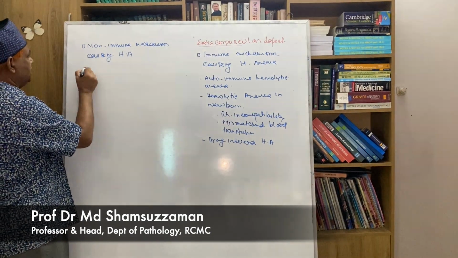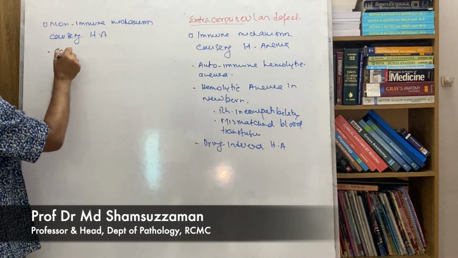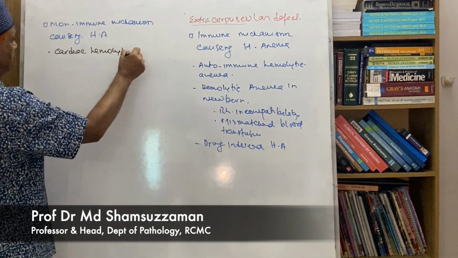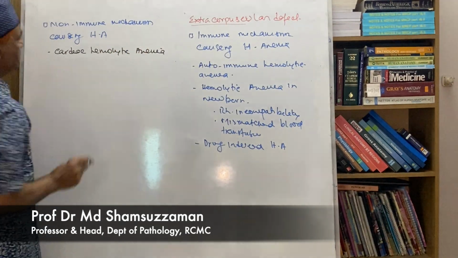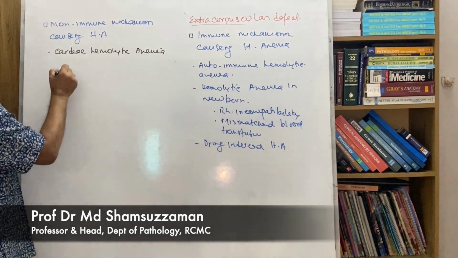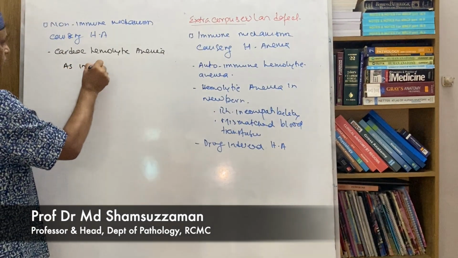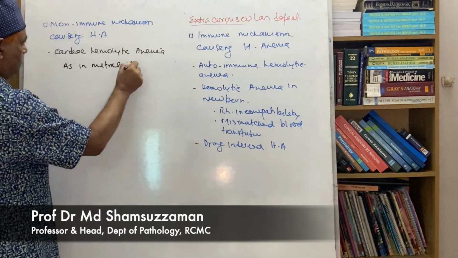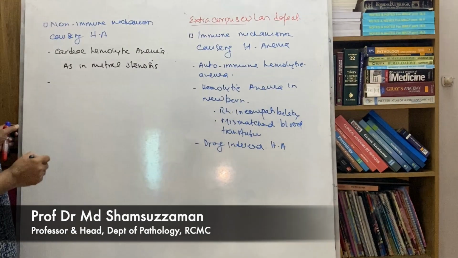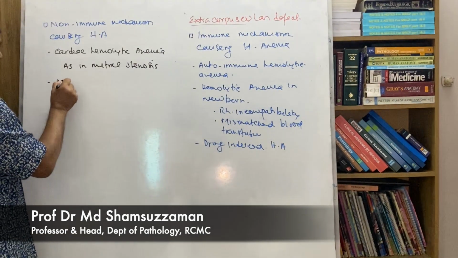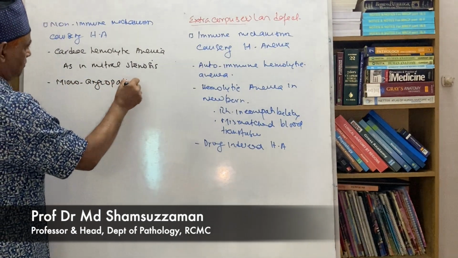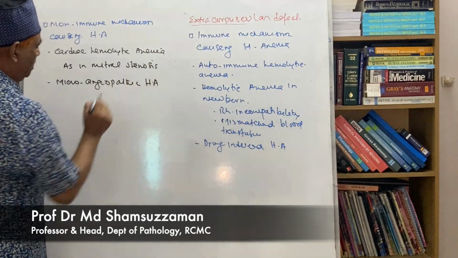One is cardiac hemolytic anemia, as hemolytic anemia may be seen in mitral stenosis. Then microangiopathic hemolytic anemia. What does it mean?